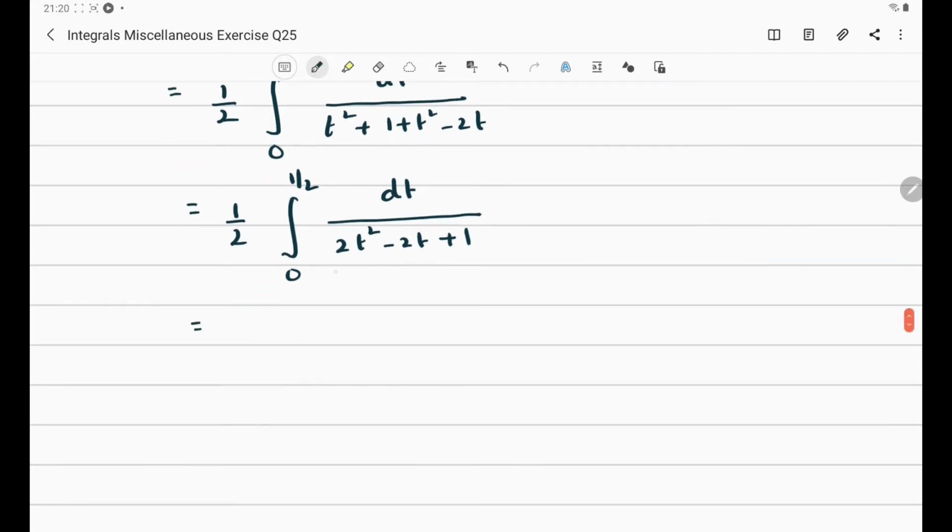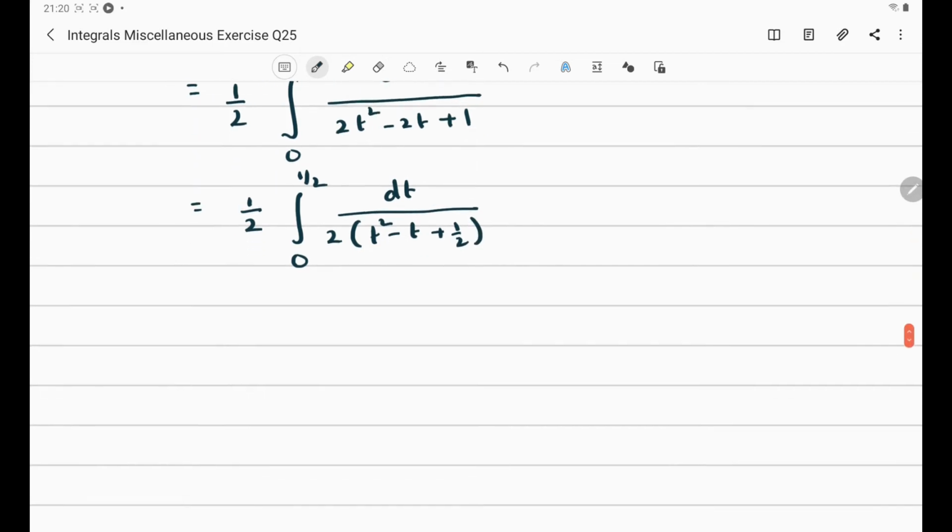So, we can take 2 common. So, we write this as half into 0 to half dt divided by, taking 2 common, we get t square minus t plus 1 by 2, or 1 by 4 into integral 0 to half dt by t square minus t plus half.